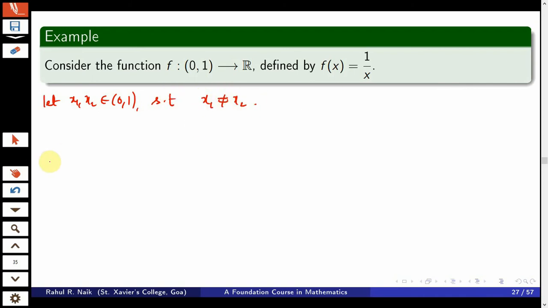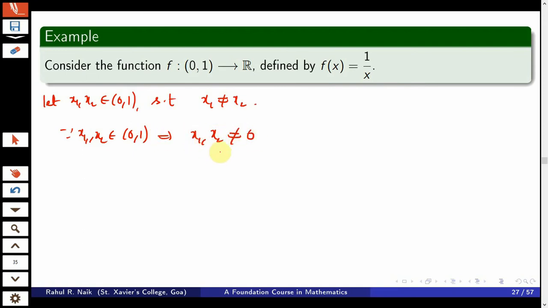We need to show that f of x1 is not equal to f of x2. Since x1 and x2 belong to 0 comma 1, this implies that x1 and x2 are not equal to 0.